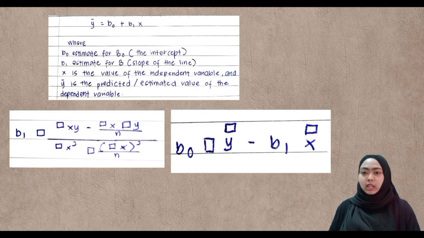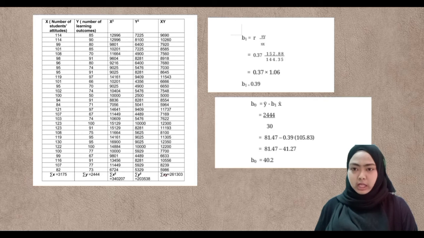So, we only need to follow this formula to determine the regression equation. First, we must find B1 and then we must find B0. To get B1, all we have to do is enter the values from the table that we manually calculated.